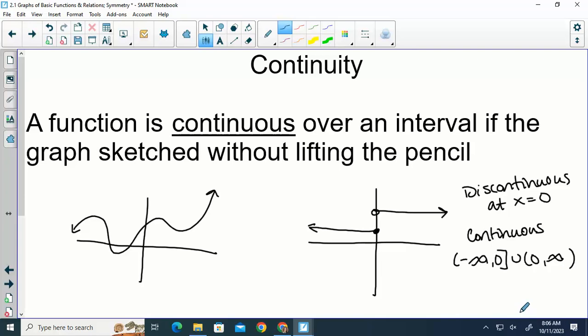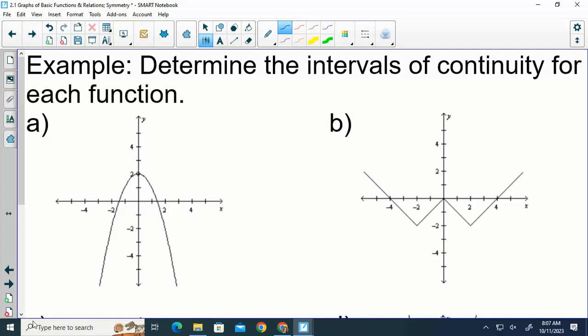So let's practice looking at some graphs and giving the intervals where they are continuous. So if I look at A, it is very hard to tell, and I apologize for that. There is an open circle here at 0, 2. So where is this graph continuous?